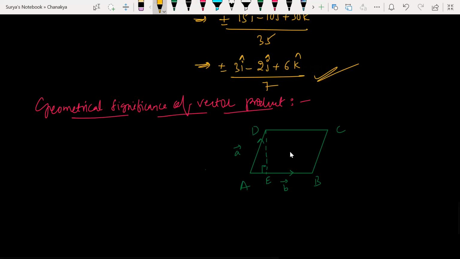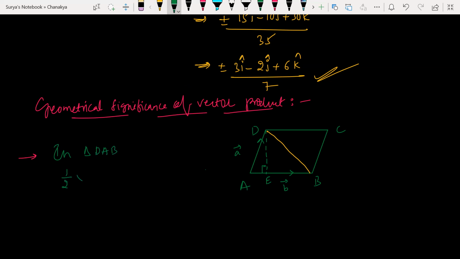The diagonal of a parallelogram makes two congruent triangles. Isn't it, people? Now if I talk about the triangle, which triangle? The triangle DAB.